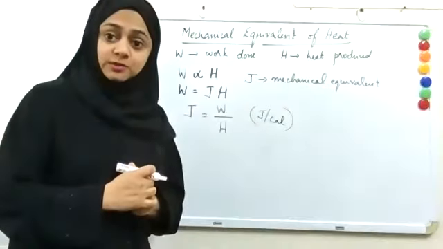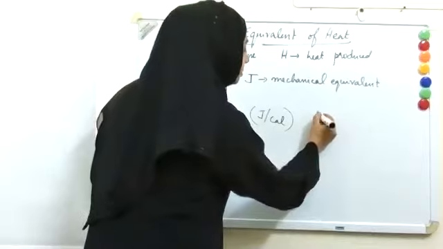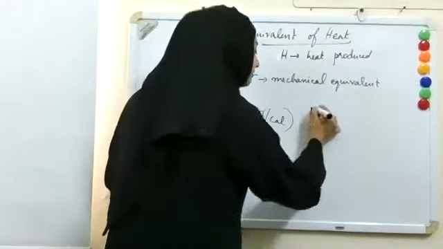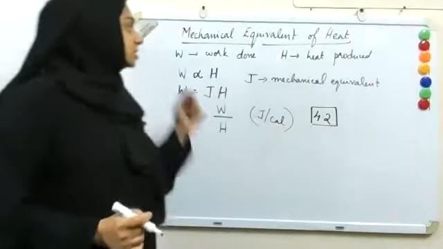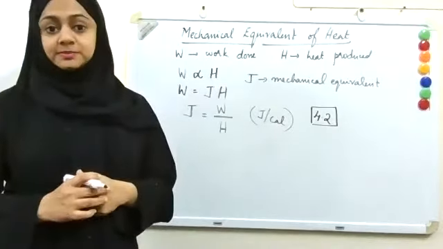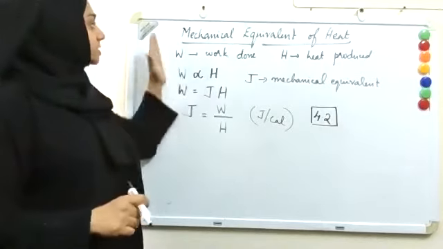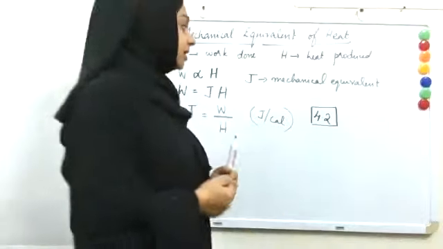Do you know the value? It is 4.2. So you have to remember the value of mechanical equivalent is 4.2. Is it clear what is meant by mechanical equivalent of heat? Yes. Okay. So that's all I wanted to explain about mechanical equivalent of heat.